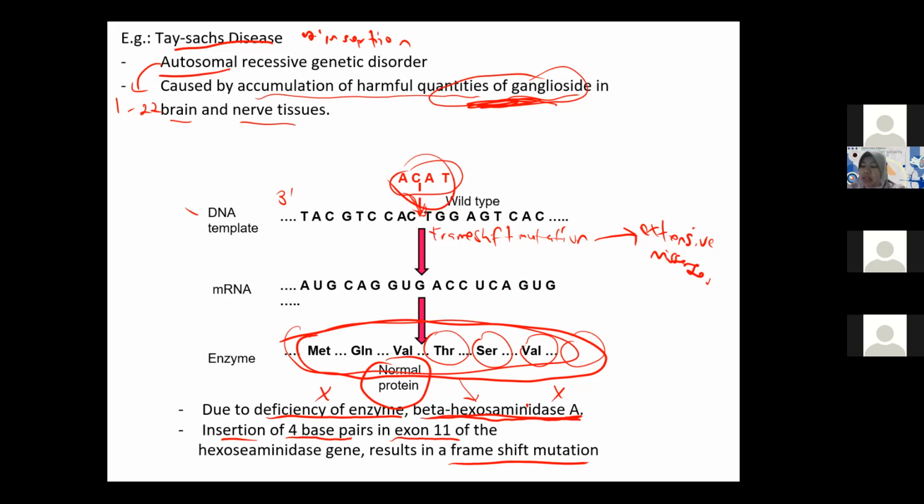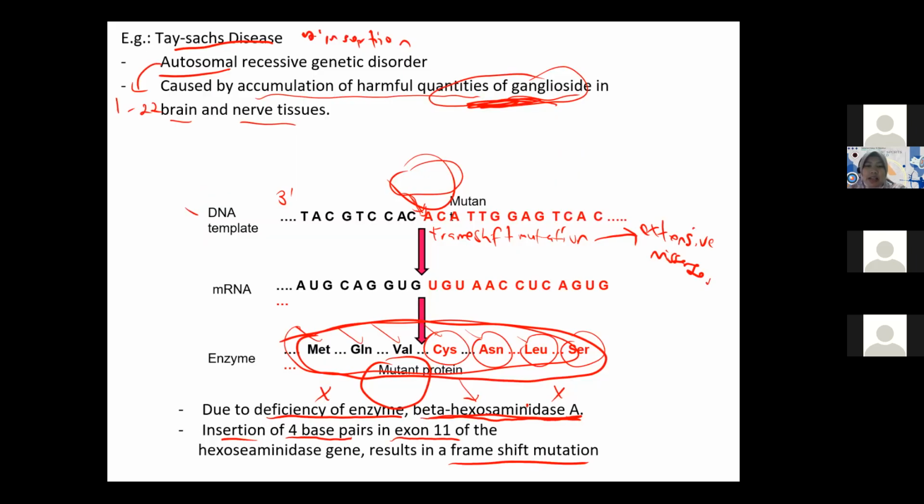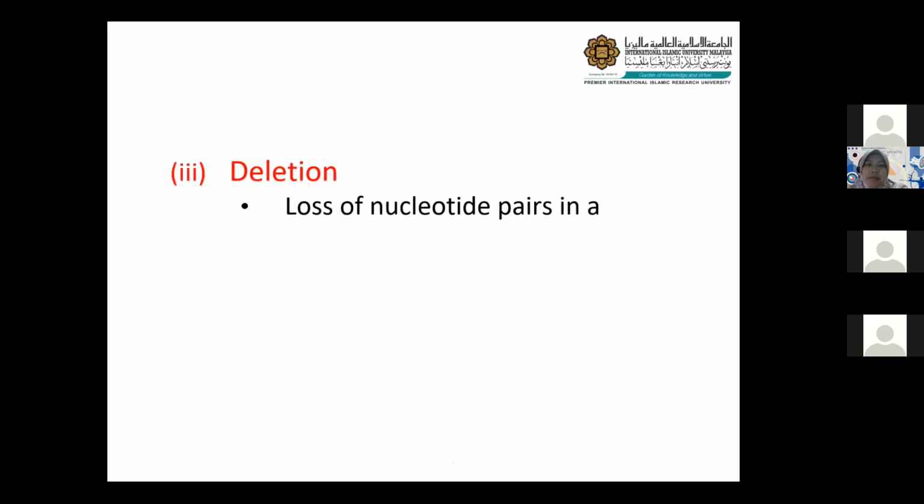So for hexoaminidase, they need amino acid methionine, GLN, valine, threonine, serine, valine. So this is the sequence. But somehow now it changed into this. So bila dia bertukar jadi ni, maknanya it is no longer code for beta hexoaminidase A. Macam tu lah. It code for something else. Macam tu. Okay? Lagi soalan?